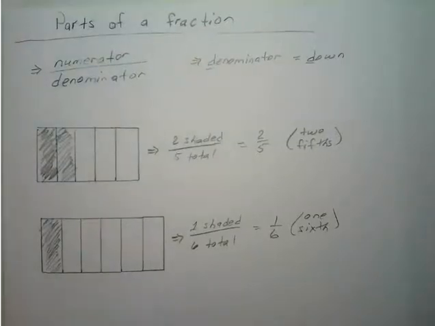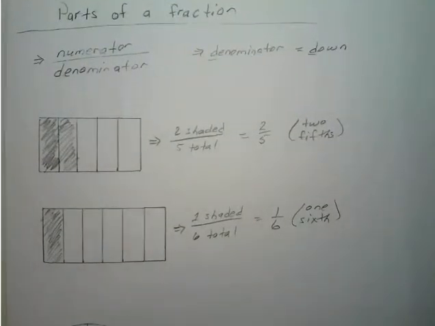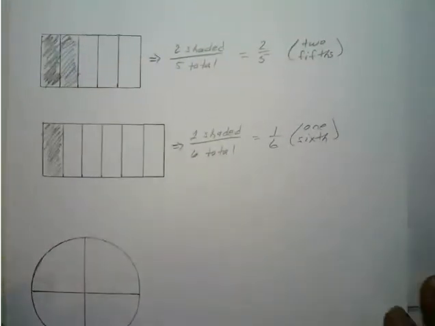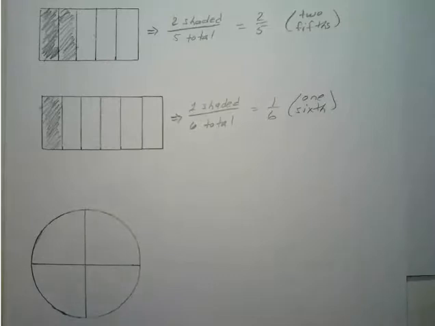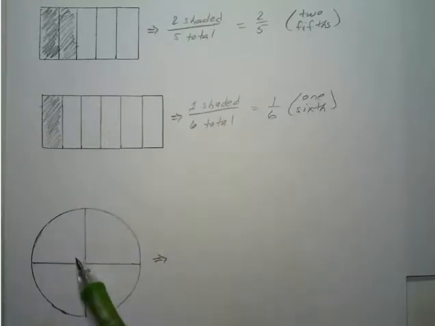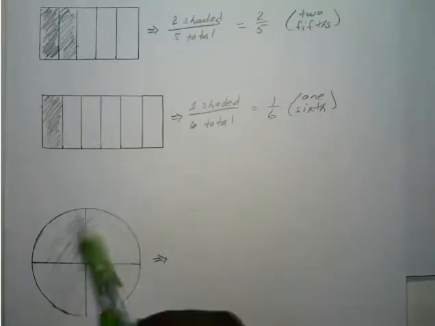All right, so I'm just going to roll this up a little bit. So what if we have this circle here? And what if we decide to just shade in 3 of those? We have 4 sections and we shade in 3 of them.